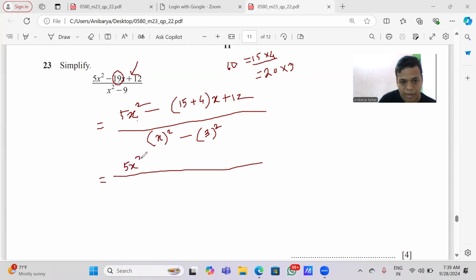If we remove the bracket, then minus will enter, so minus 15x minus 4x plus 12. And in the down part, a square minus b square means x plus 3 into x minus 3.